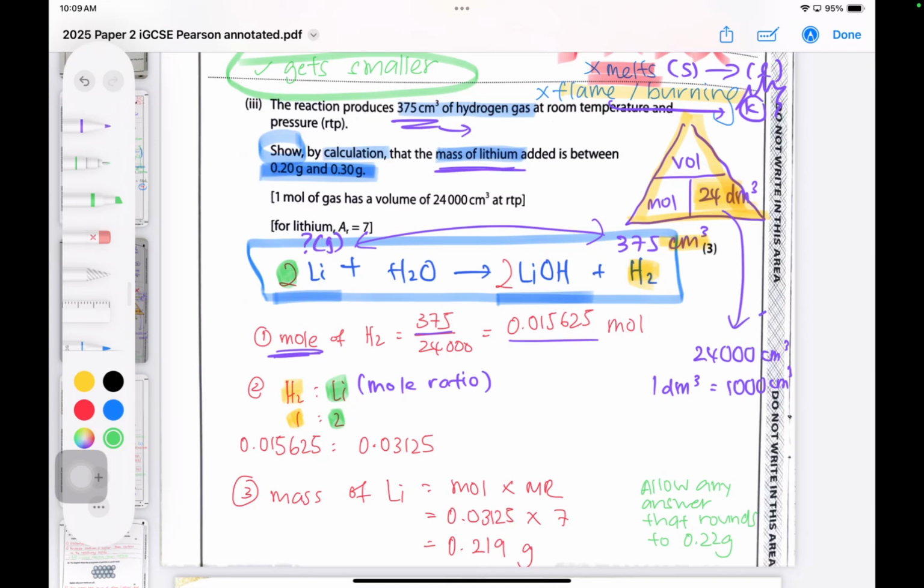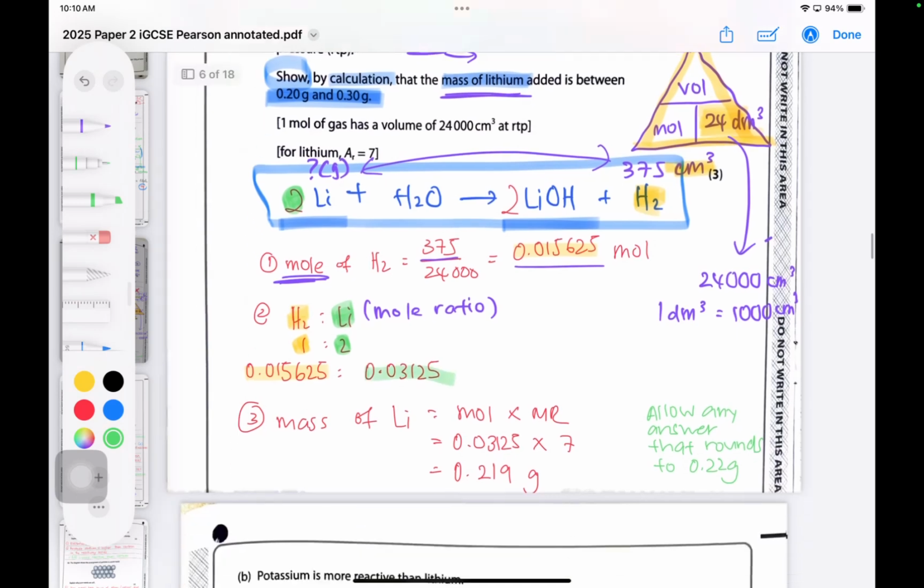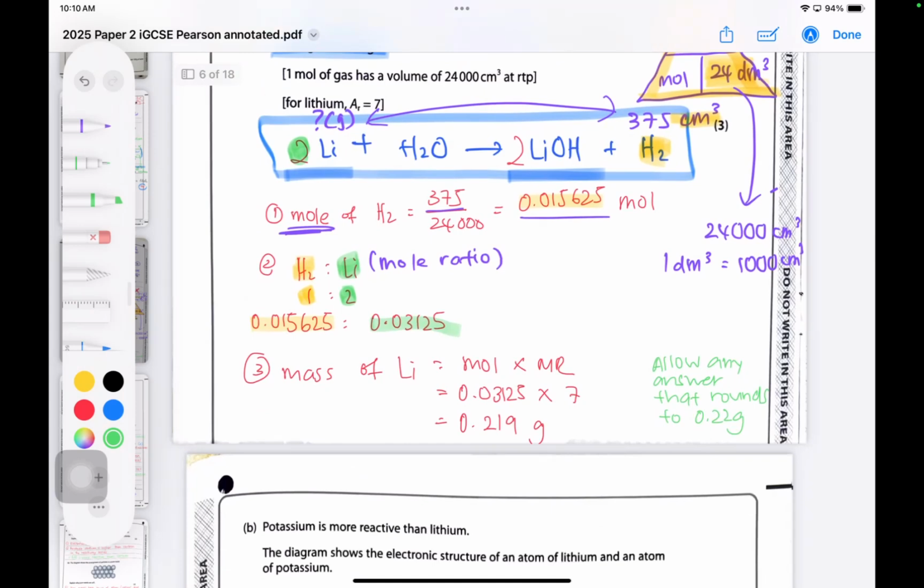So every time 1 mole of hydrogen is produced, you need 2 moles of lithium to supply that. So from our first step, having discovered the number of moles of hydrogen produced, I can work backwards to find the moles of lithium being supplied into the reaction. In this case it's 0.03125.